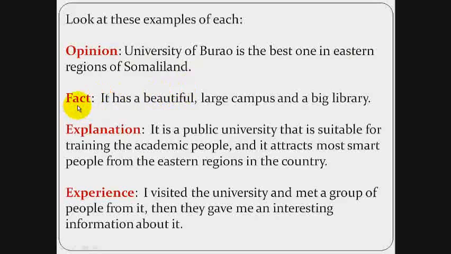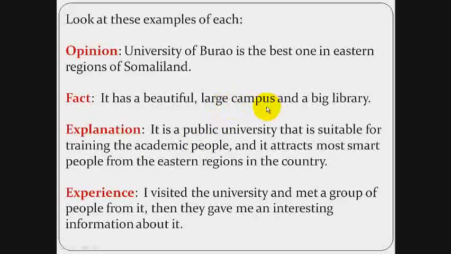This fact is saying it has a beautiful large campus and a big library. Wow, this is a fact. Now, if you visit the campuses of eastern universities of Somaliland, you will see the most beautiful campus and the largest campus in the eastern regions of Somaliland is this one for Burqa.